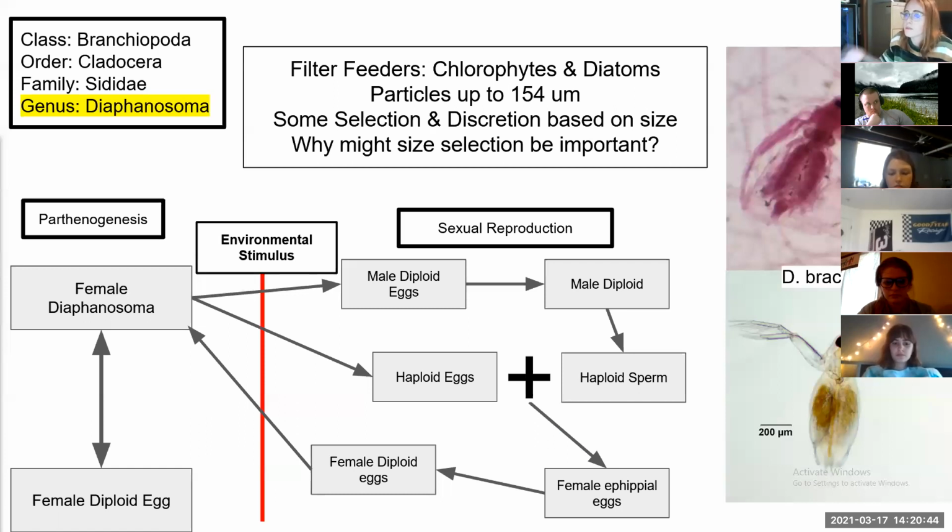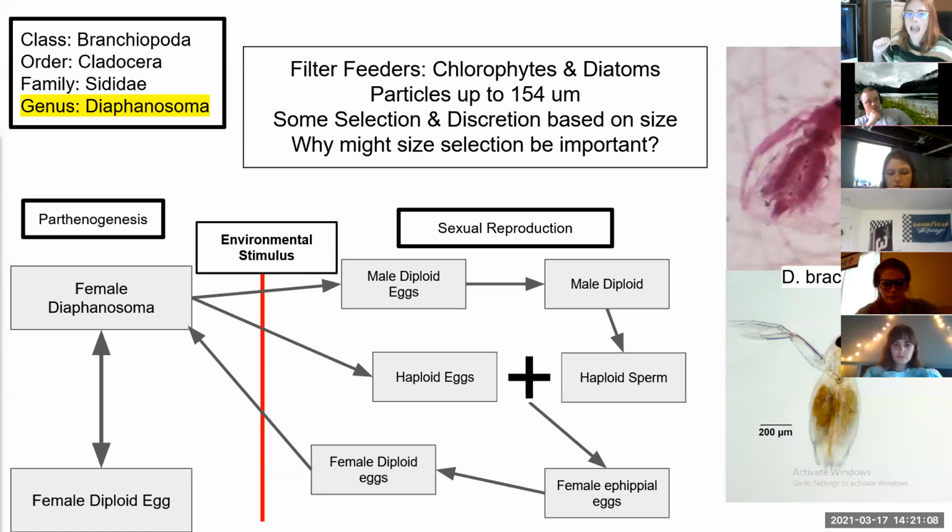The organism picks up that environmental stimulus and begins to express genes that allow it to sexually reproduce. So now it's going to produce male diploid eggs, because it had those capabilities the entire time. These male diploid eggs form a male diploid individual that then produces haploid sperm.